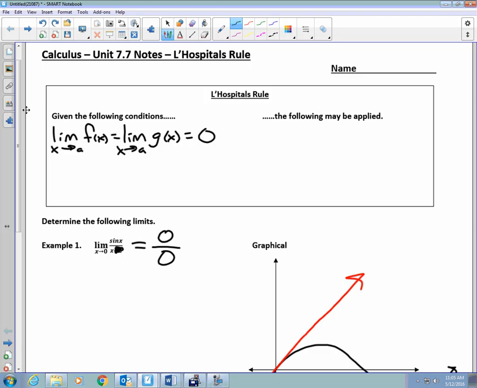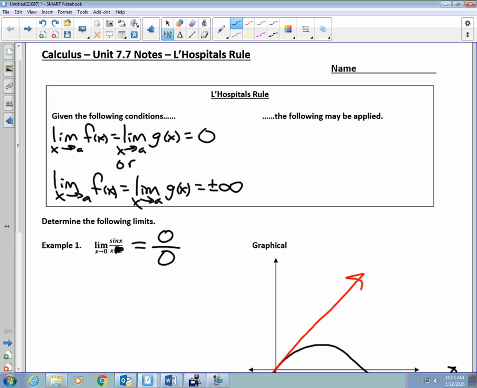So if both limits are equal to 0, or the limit as x goes to a of f of x equals the limit as x goes to a of g of x is equal to positive or negative infinity. Got that?